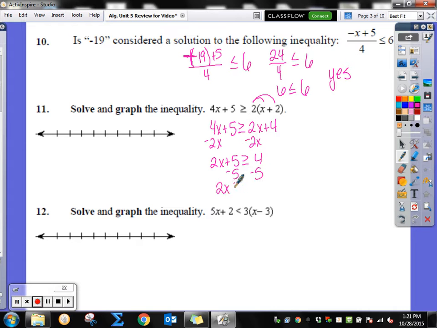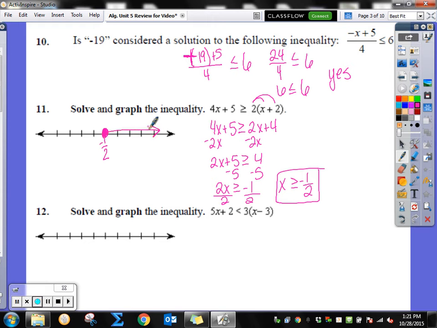So 2x is greater than or equal to negative 1, divide by 2. So x is going to be greater than or equal to negative 1/2. So I'm going to come over here and graph that. So I have negative 1/2, and it is going to be a closed circle to the right.